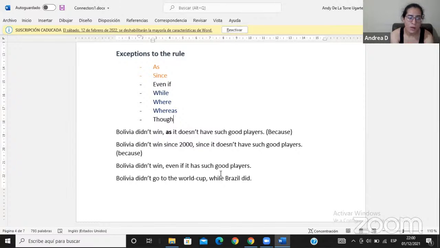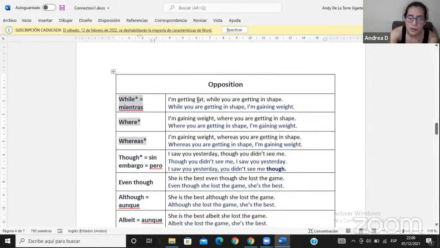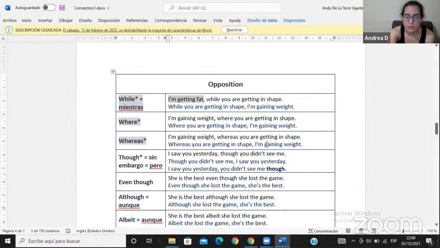So while, where, whereas, as conjunctions, they express opposition. For example, I'm getting fat while you're getting in shape. So you have two opposite ideas, right? Getting fat and getting in shape are two different ideas.